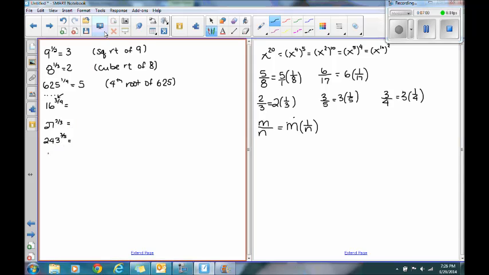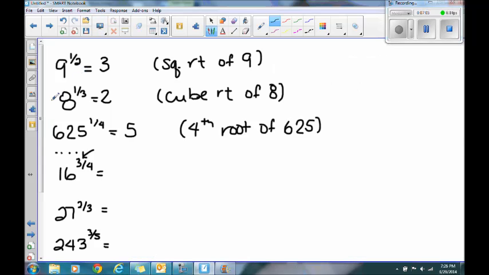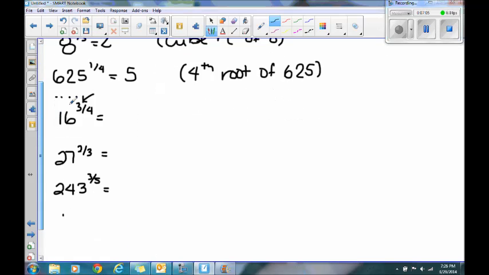So the first thing we're going to do here, scroll down so we have space, is we said if we can write 3/4 as the product of 3 and 1/4, I can look at 16 to the 3/4 this way, or I can look at 16 to the 3/4 this way, and then I can go from here.